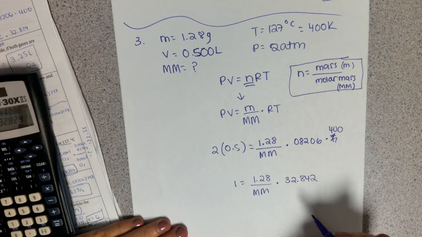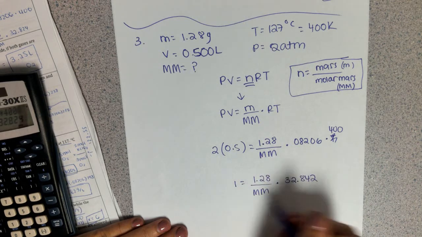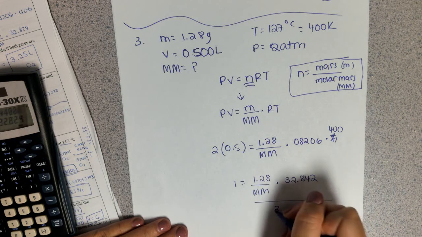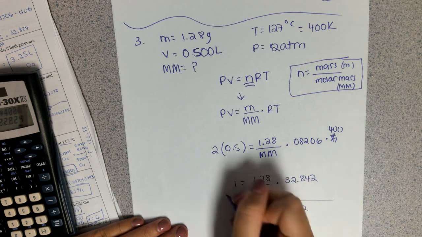Now I'm trying to solve for MM, so let's go ahead and divide each side. Let's get rid of this, so divide each side by the 32.824.